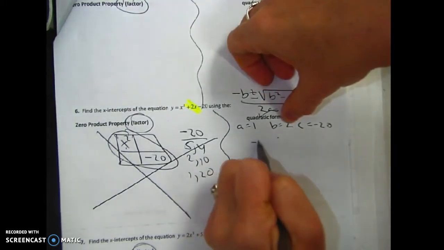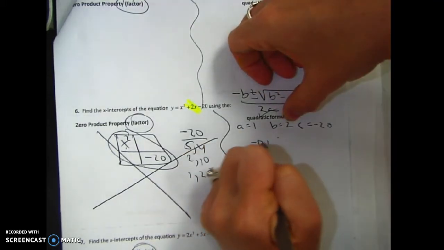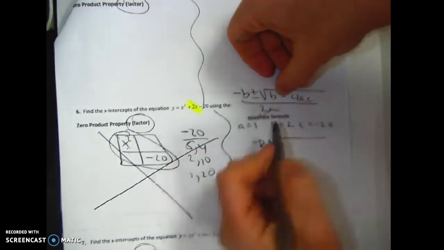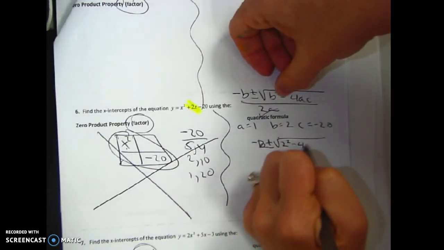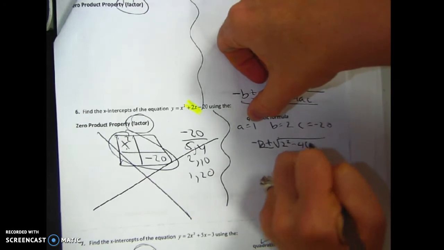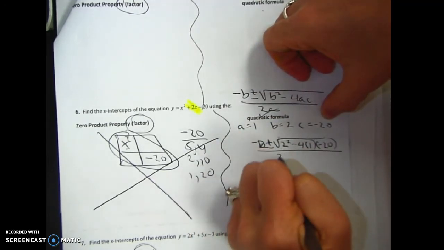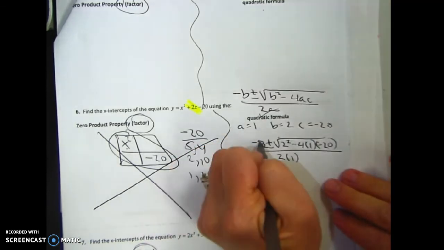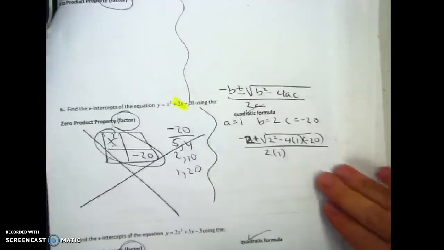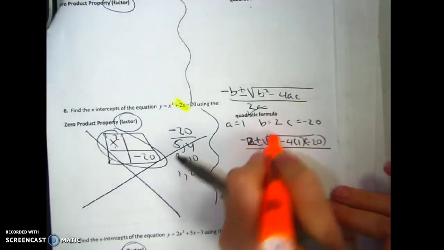Negative b, which is negative 2, plus or minus the square root of b squared minus 4 times a times c, all divided by 2 times a. And that's a 2, by the way. Sorry about that.